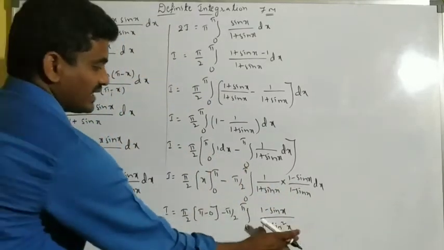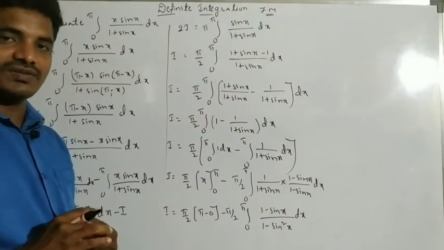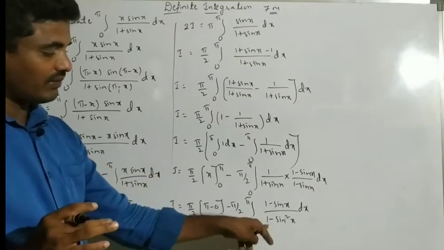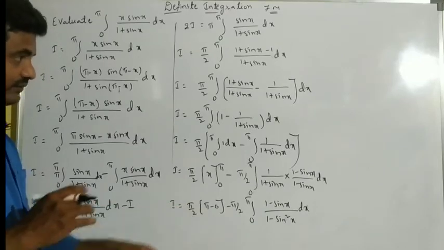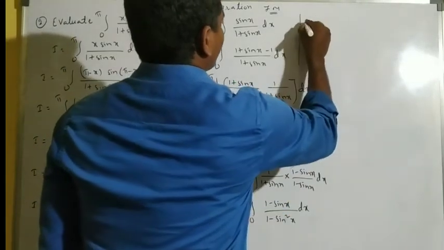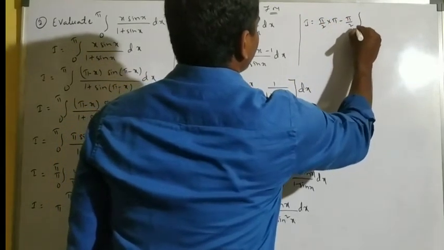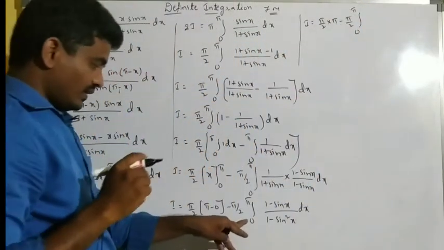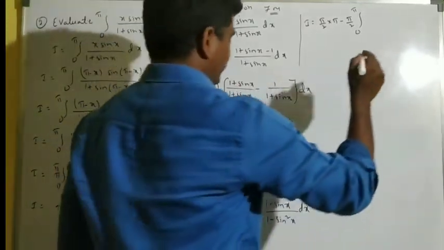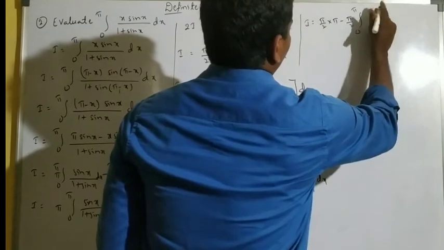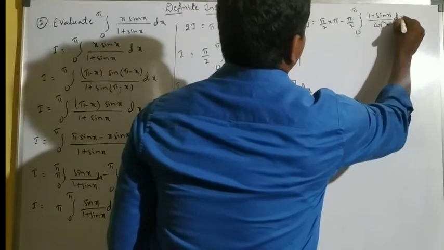1 minus sin square: we know from the identity, sin square theta plus cos square theta equals 1, that 1 minus sin square theta equals cos square theta. And here pi we get I equals pi by 2 into pi minus pi by 2 of integration 0 to pi of 1 minus sin x by cos square x dx.